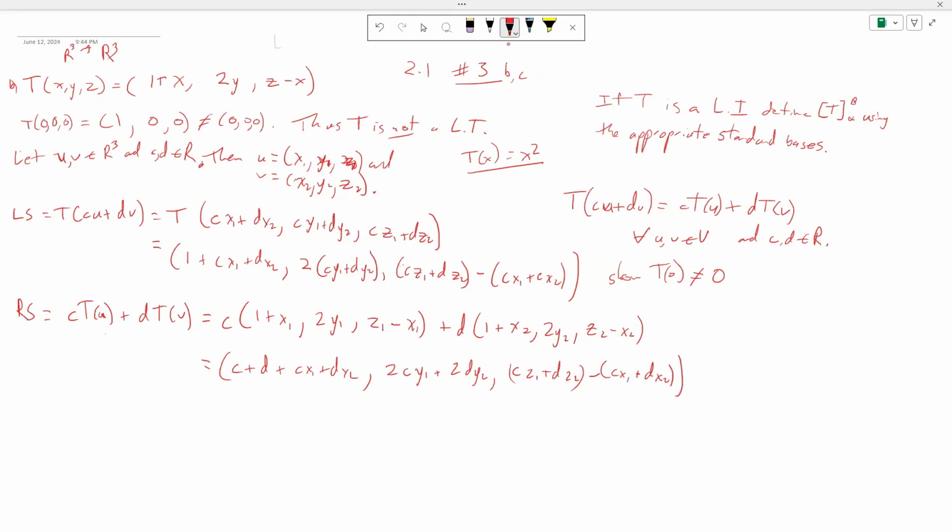And if we look at it, these two expressions are really similar.